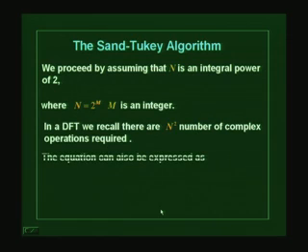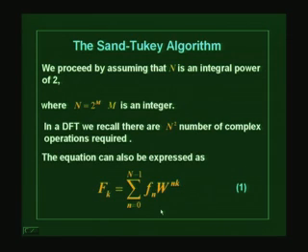The algorithm is the following. We would write the Fourier transform Fk of the function fn as sigma n going from 0 to n minus 1 of fn times w to the power nk. That's the same as what we have written here.